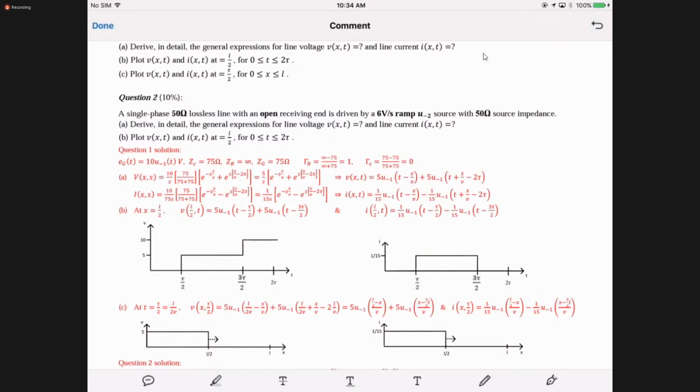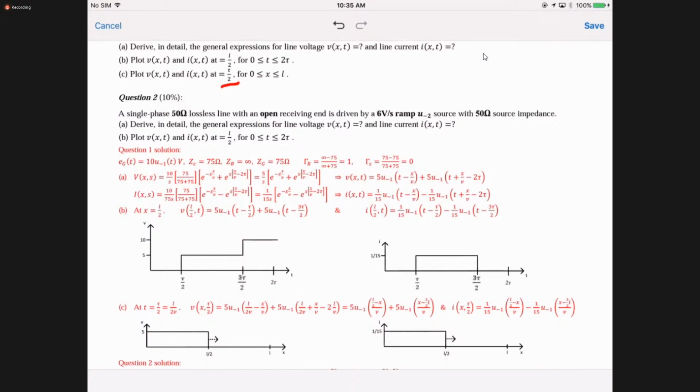Now, for the cable, the length is L. So we are interested in plotting here in this L. Okay, and it asks you at the time tau divided by 2, and at different locations.